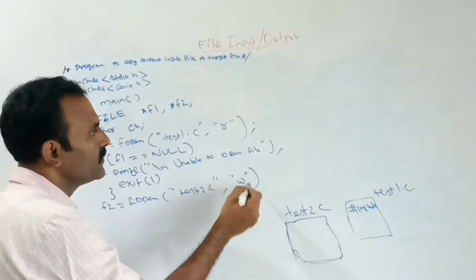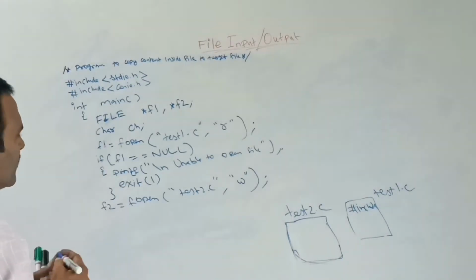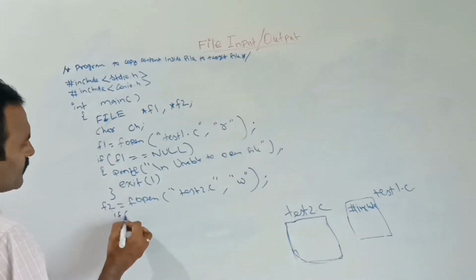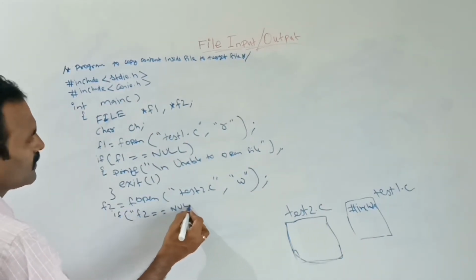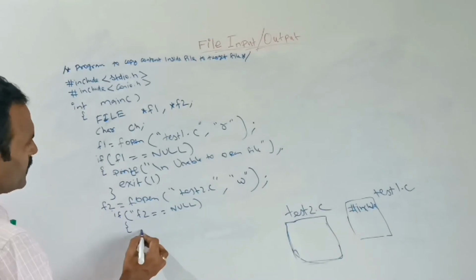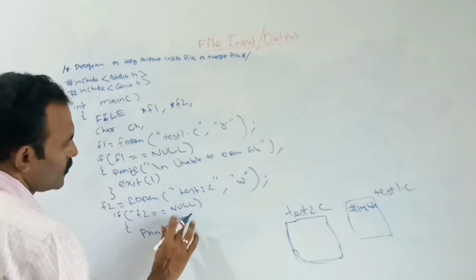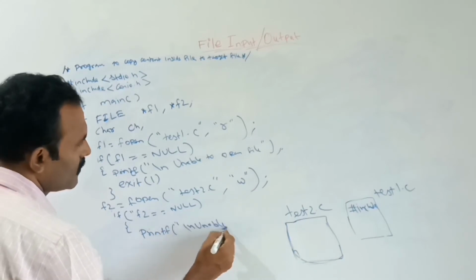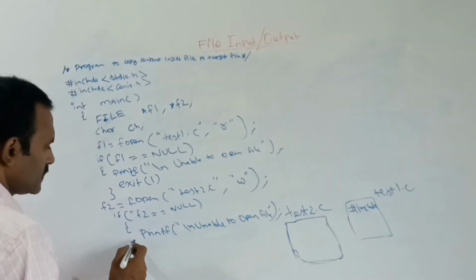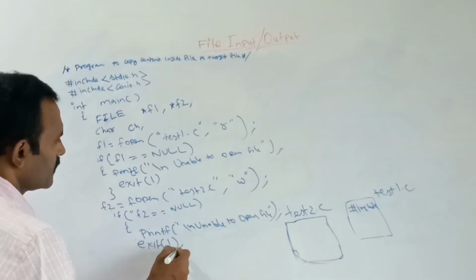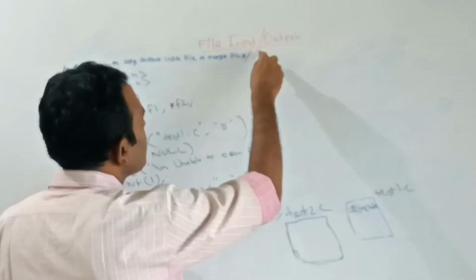This mode w is used for writing the content to the file. In the same way, if f2 is equal to null, you give the printf statement, unable to open file. Next, exit. See, I am writing here with no space.